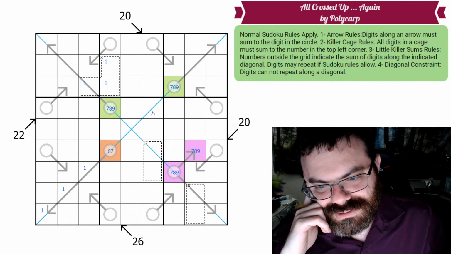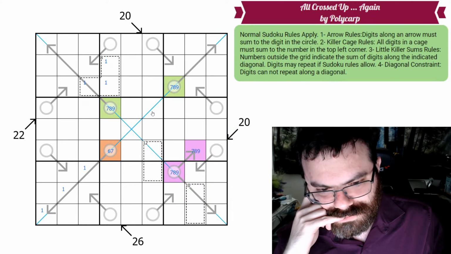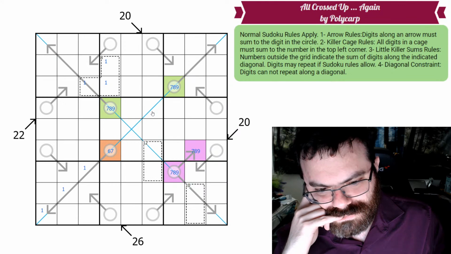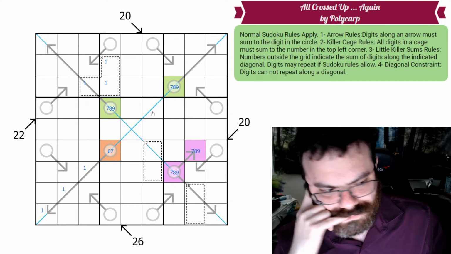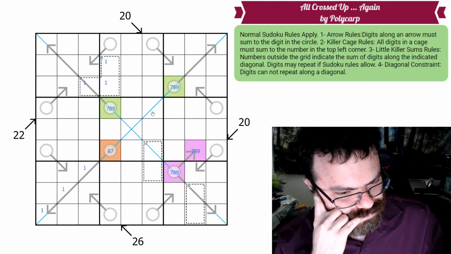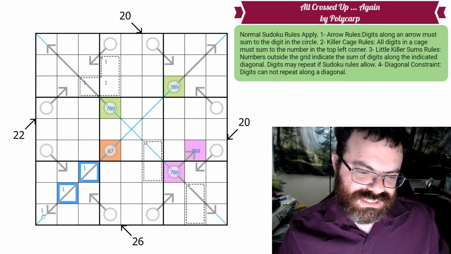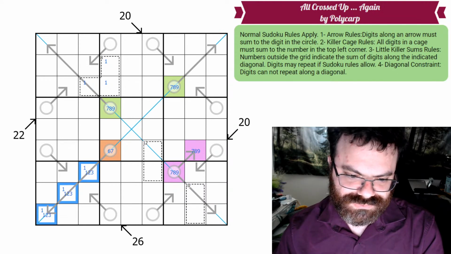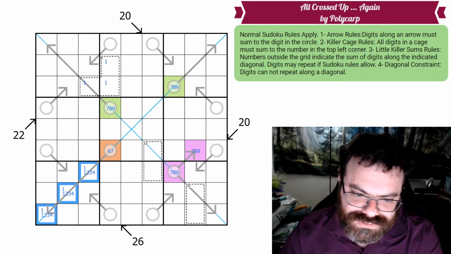Why can't purple be on green's arrow? Yeah, this has a 2 as well. This is either 1, 2, 3 or 1, 2, 4.